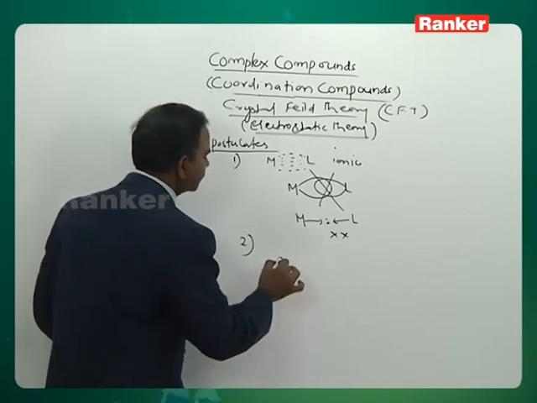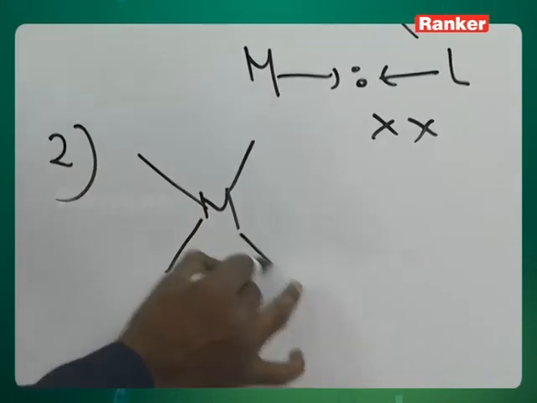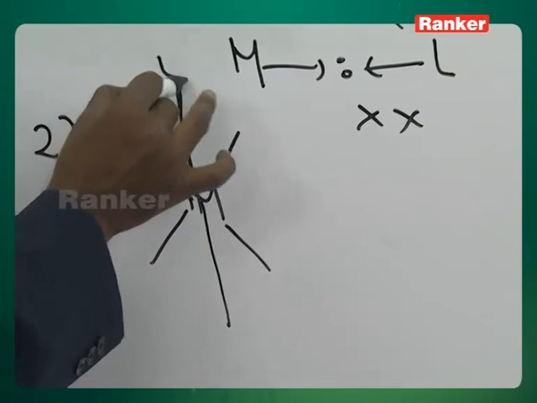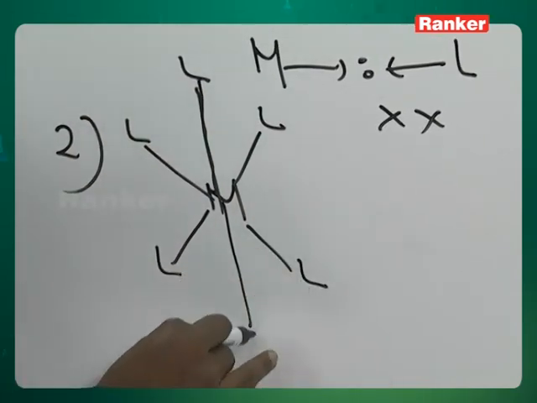Next, second. Metal ions are surrounded by different types of ligands, which may be negative, positive or neutral.